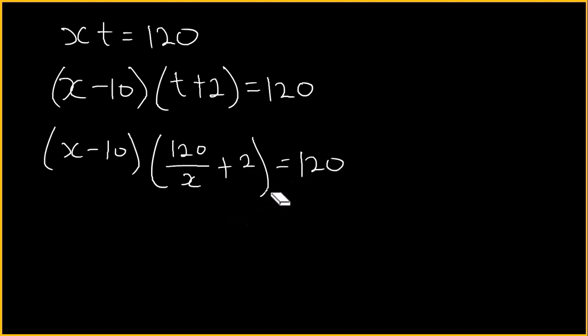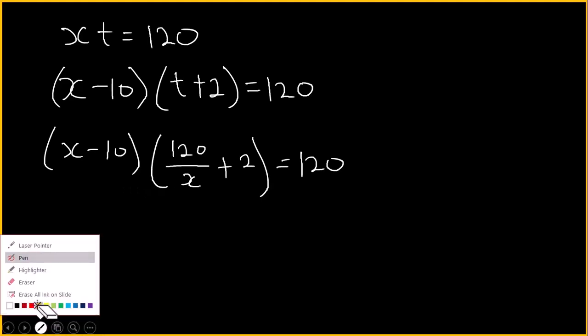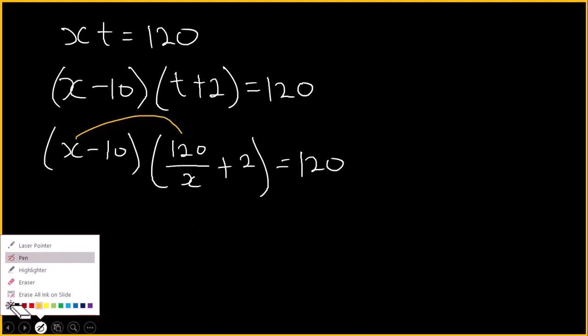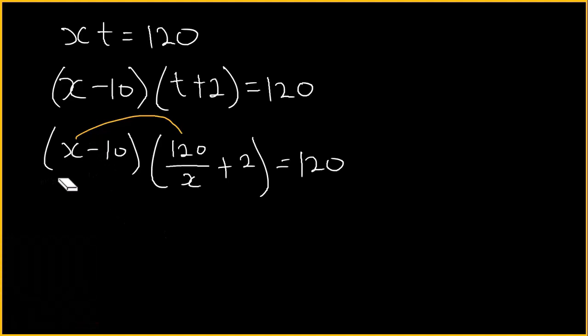So now we've eliminated t, and the only variable inside our expression is x. So we are good to go. Let's solve. x multiplying 120 on x would be 120, because x will get rid of x. x multiplying 2 would be plus 2x.